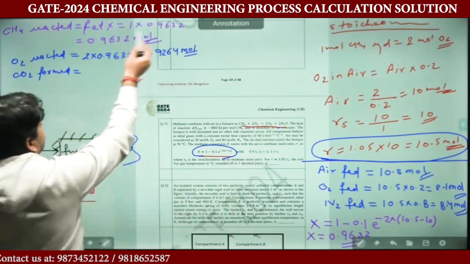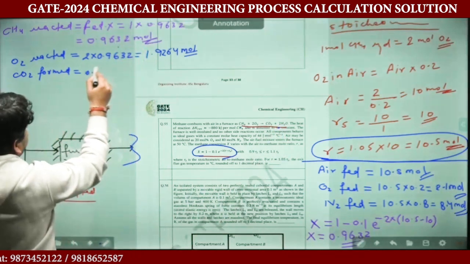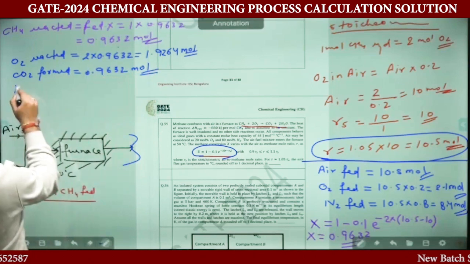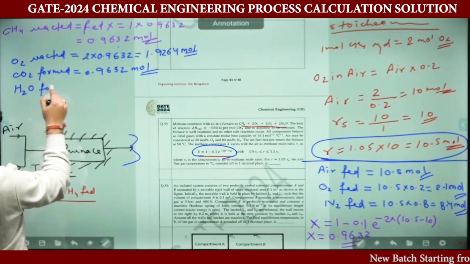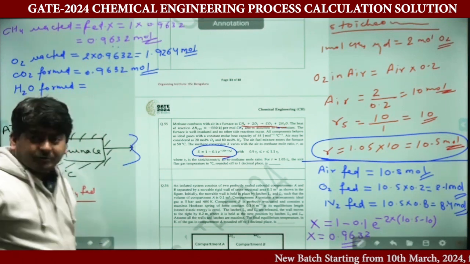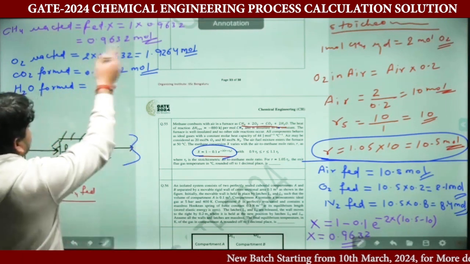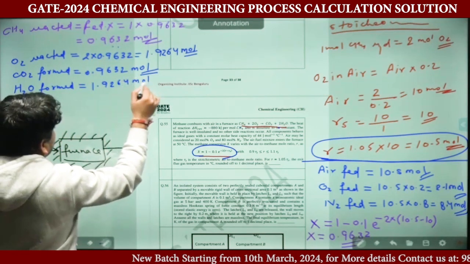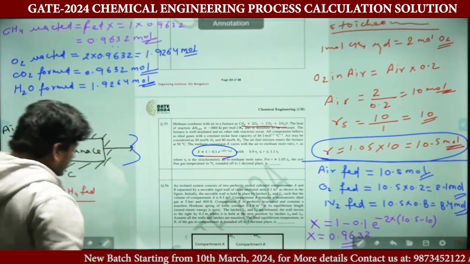So 0.9632 moles of CH4 will give 0.9632 moles of CO2. 1 mole CH4 gives 2 moles of H2O. So 0.9632 moles of CH4 will give 2 into this, that is 1.9264 moles of H2O.